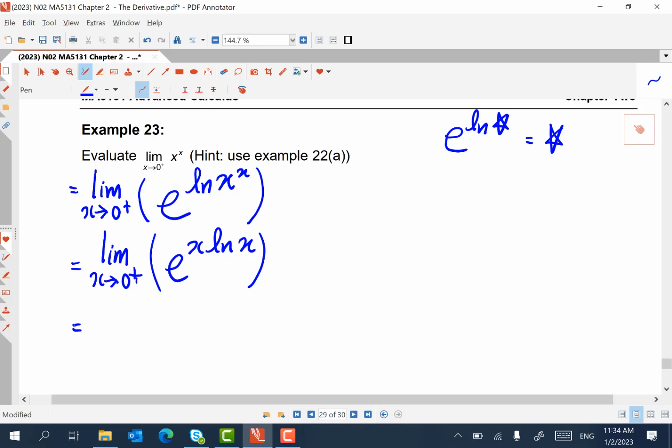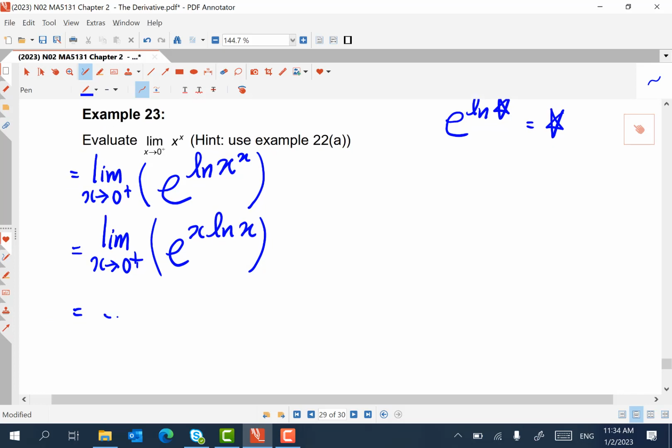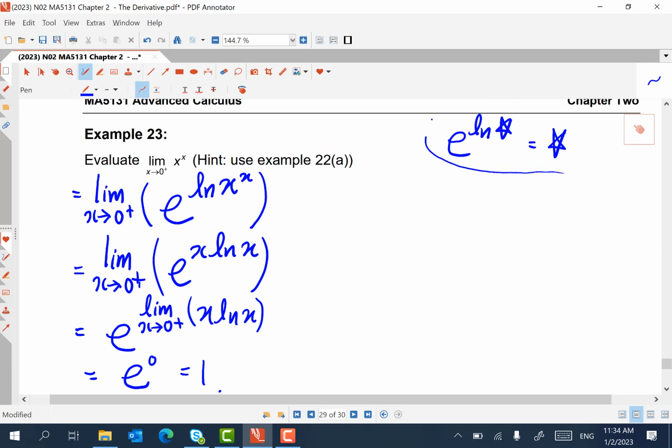Because exponential is a continuous function, we can actually do it like that. And by the earlier example, okay, Kailash, do you know this result? So I'm rewriting this as this line. I get that part, I don't get the part where it just comes out.